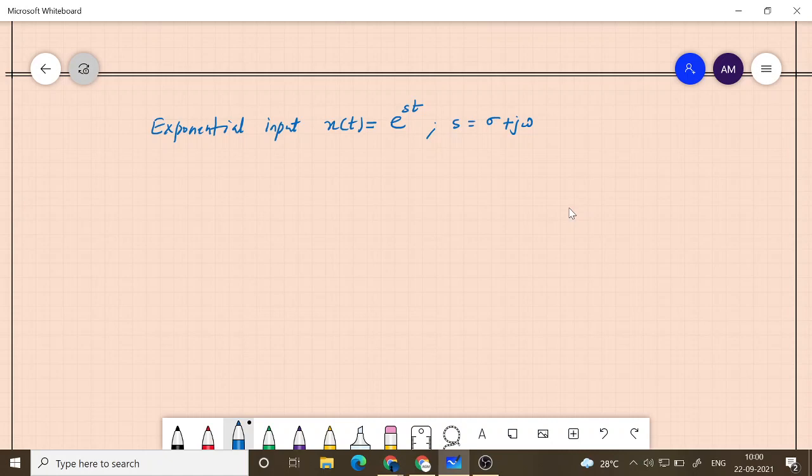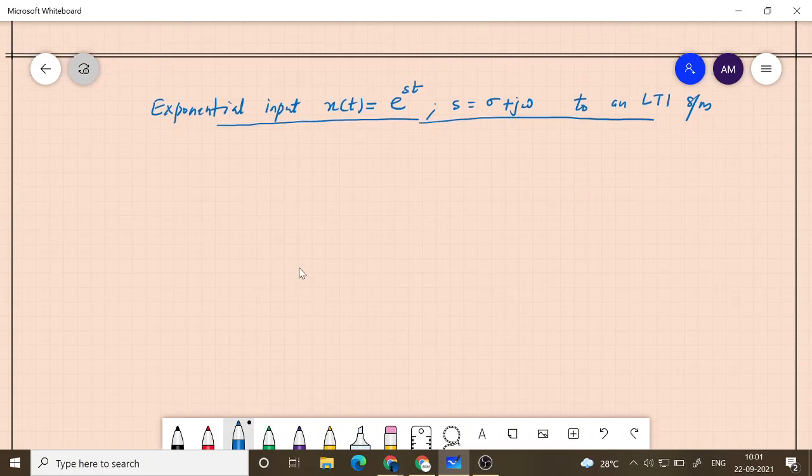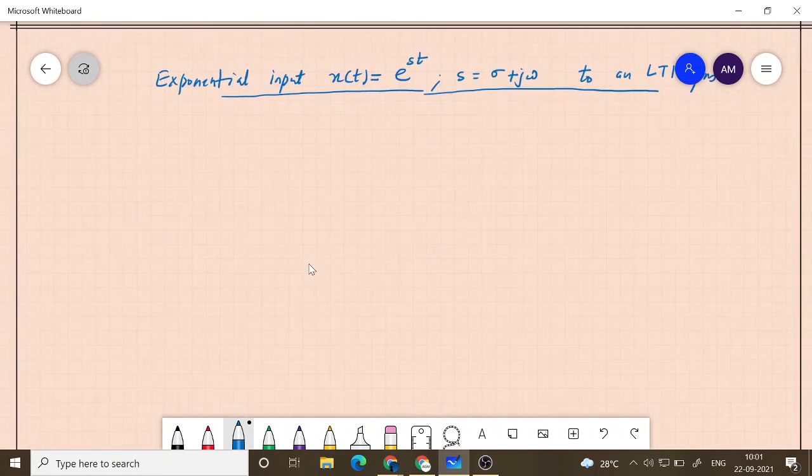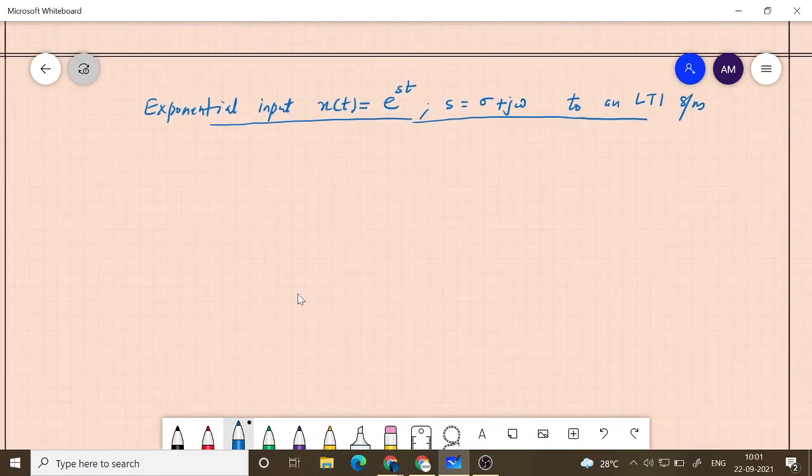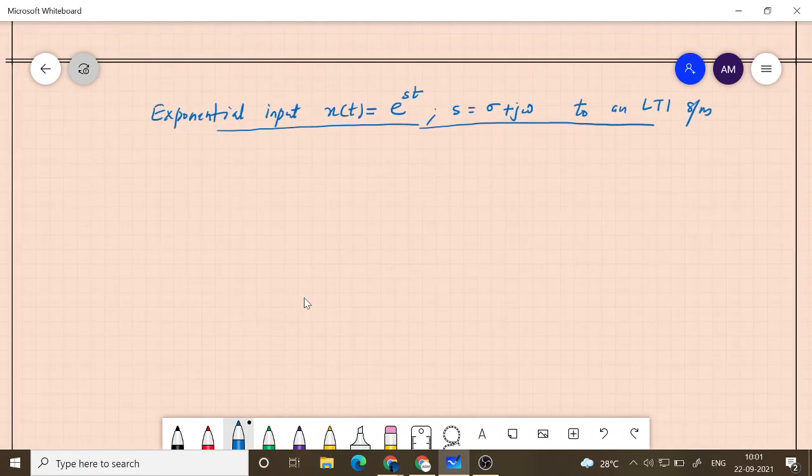This is continuous time, and discrete time I will introduce later. This is going to be very interesting and very important also. This exponential input is very unique, or very special, for a continuous time LTI system.